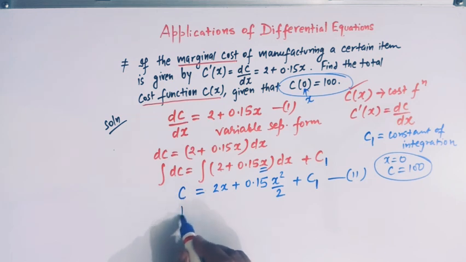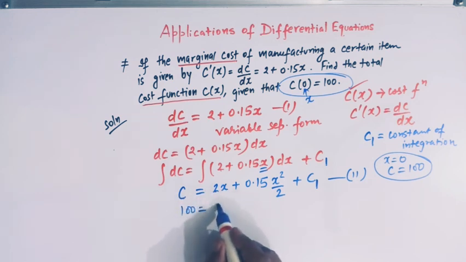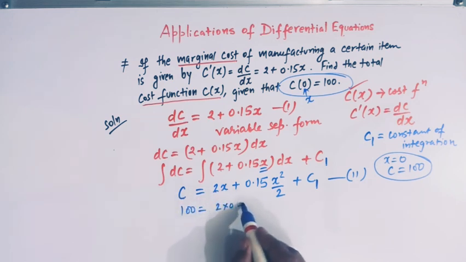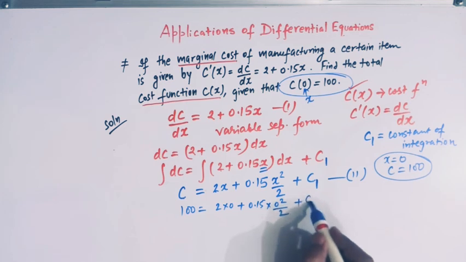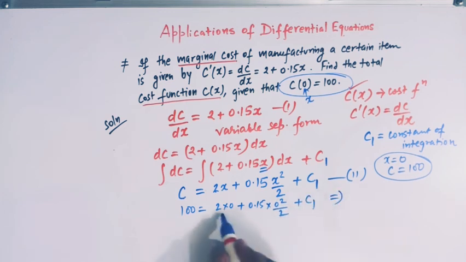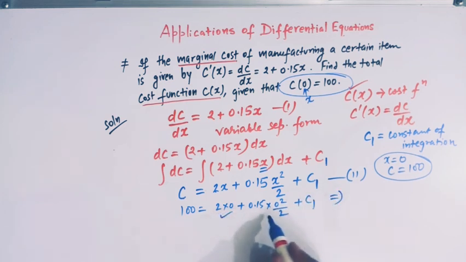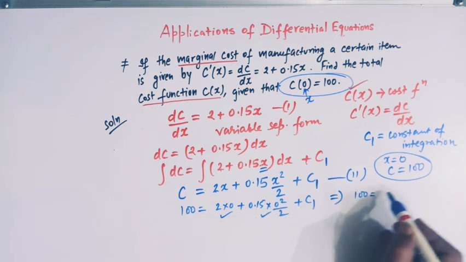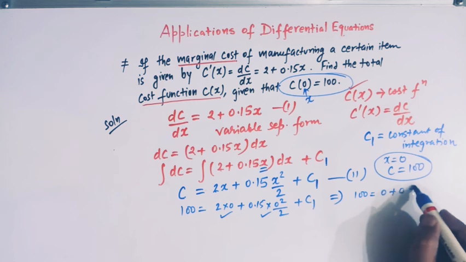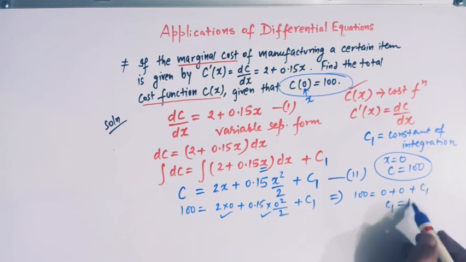So we'll get 100 here. This is 2 times 0 plus 0.15 times 0 square over 2 plus c1, and here this term becomes 0, this term becomes 0, so we have 100 is equal to 0 plus 0 plus c1, so c1 is 100, right?